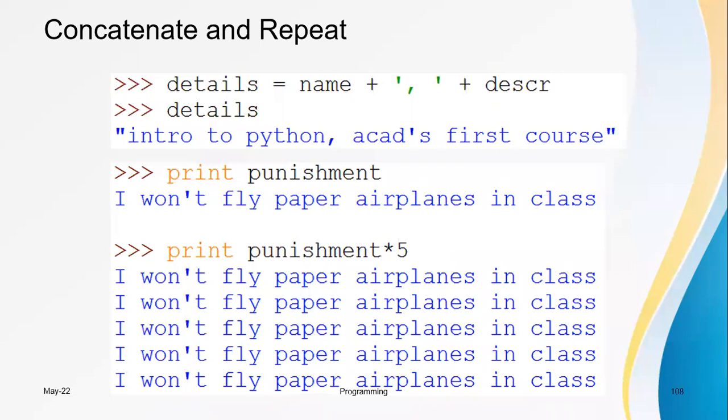This is how I can do concatenation and repetition in strings. Is it clear, ma'am?